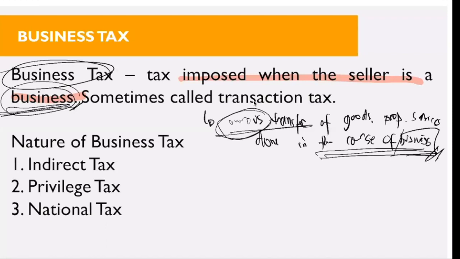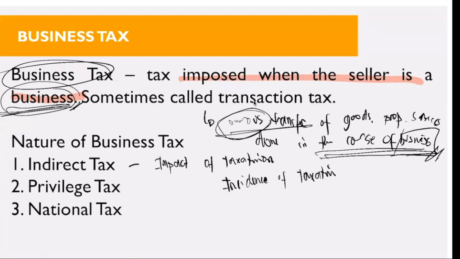First, it is an indirect tax. So what is again an indirect tax? An indirect tax happens if the impact of taxation falls differently from its incidence.